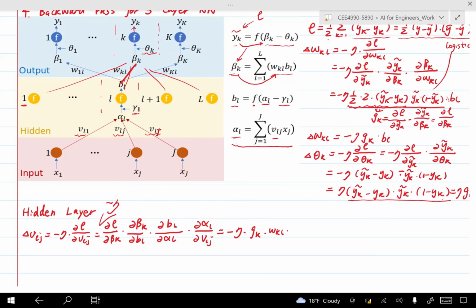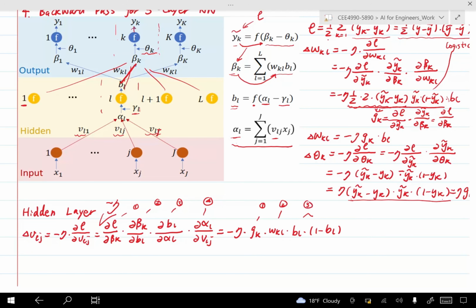Next, we want partial b sub l, partial alpha l. Interesting. Now we hit another activation function, right? Depending on what we have, for sigmoid the derivative is the function times 1 minus the function. Here the function is b sub l, so we should have b sub l times 1 minus b sub l, right? So let's mark it: 1, 2, 3, 4. And here, 1, 2, and 3.